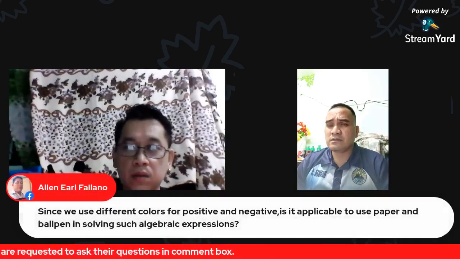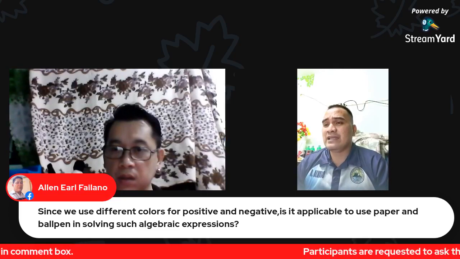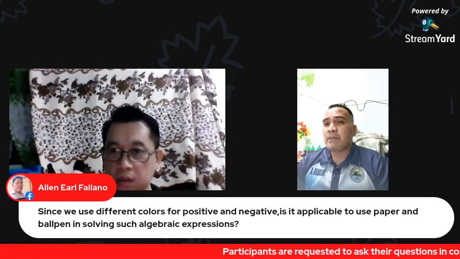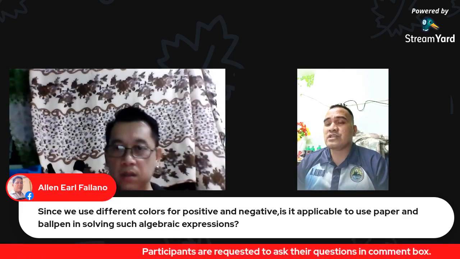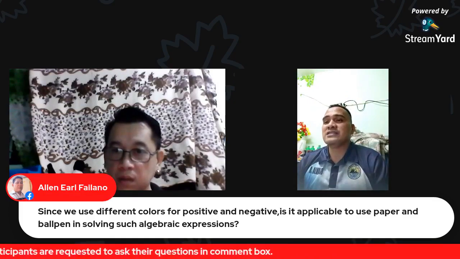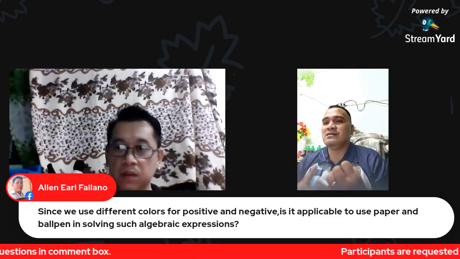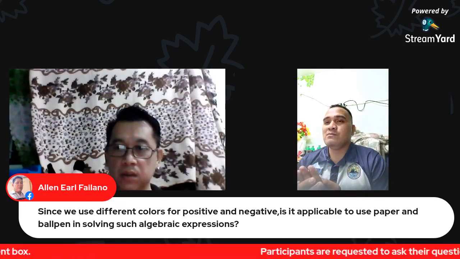The question: since we use different colors for positive and negative, is it applicable to use paper and ball pen in solving such algebra? Yes, ma'am. Sorry, Alan Earl Caliano. Yes, sir. You can use it. Again, you can use different colors of ball pen.